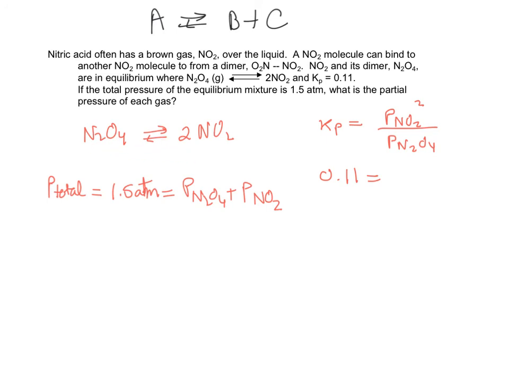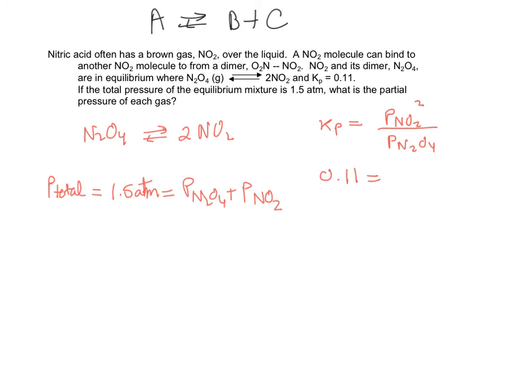Hopefully that makes sense. So again, because this is a reactant and this is a product, I can't relate these two at equilibrium. I can only relate their change: how much of this decomposes versus how much of this forms. I can relate that. That's a 1 to 2.